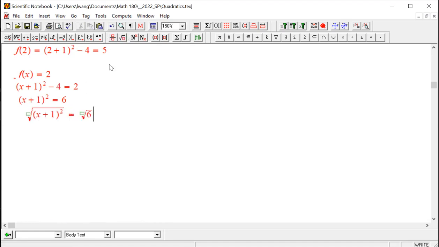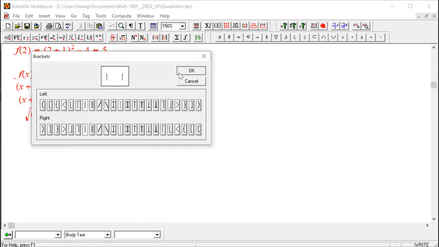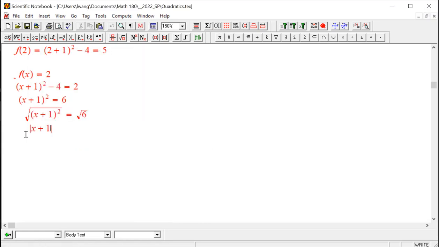On this side, it's kind of repetitive. Once you understand it, you understand the meaning. It just repeats certain steps. And of course here, we're getting x plus 1 equals plus or minus root 6.